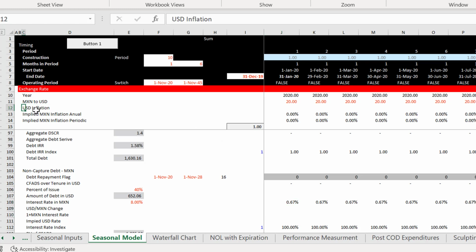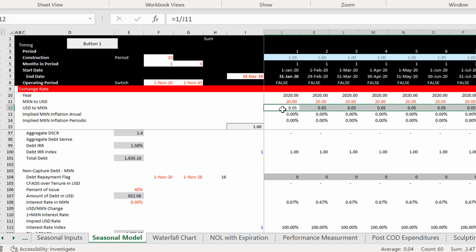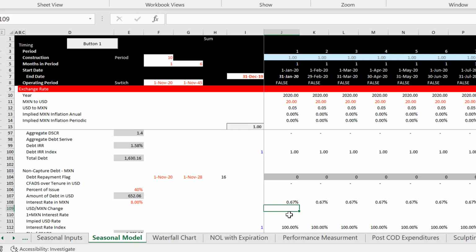The first one, let's put USD to MXN. Let's just take our little reciprocal of that. I've said before I should have done a lookup. Okay, so we'll just take that.